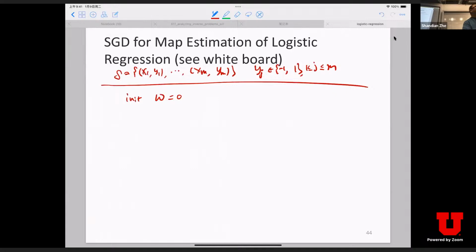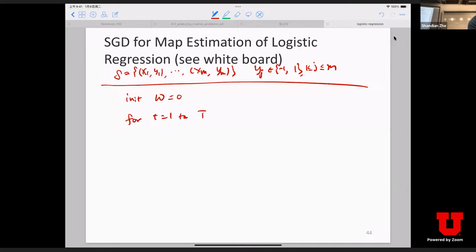Then we go through many epochs. Suppose I work on this for big T epochs. Of course, the choice of big T is a hyperparameter, and you need to choose it either from cross-validation or from other methods.